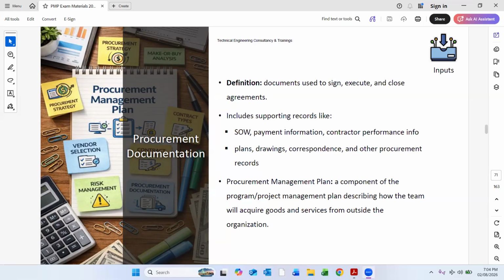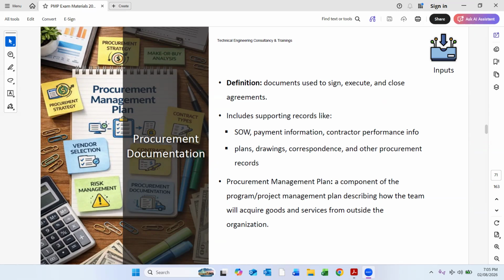These are the supporting documents required for procurement of a contract. For a contract you need BOQ, drawings, correspondence, plans, whatever is signed. All these documents are signed and stamped by both parties. Scope of work is also part of the procurement.